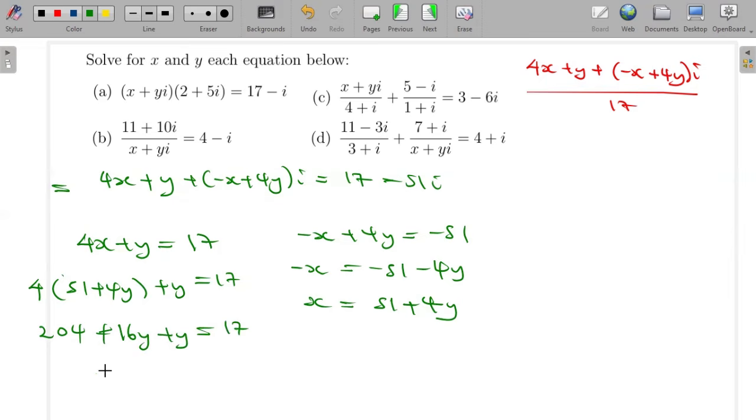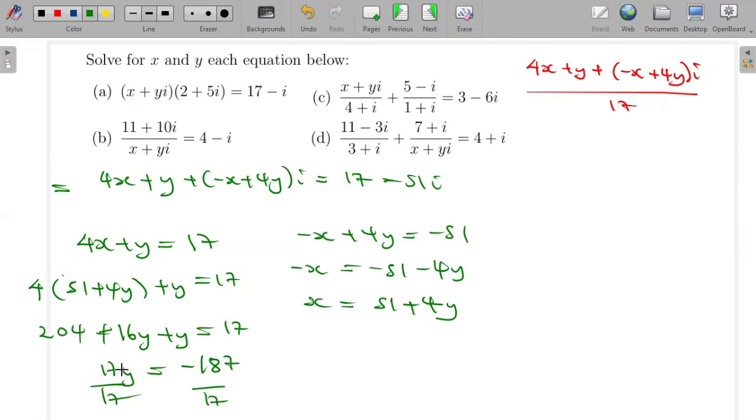So I add these here too, I get 17y is equal to, take that the other side, I'll have negative of that, or that would be negative 104, then plus that 17 there. So this here gives me negative 187 over 17.